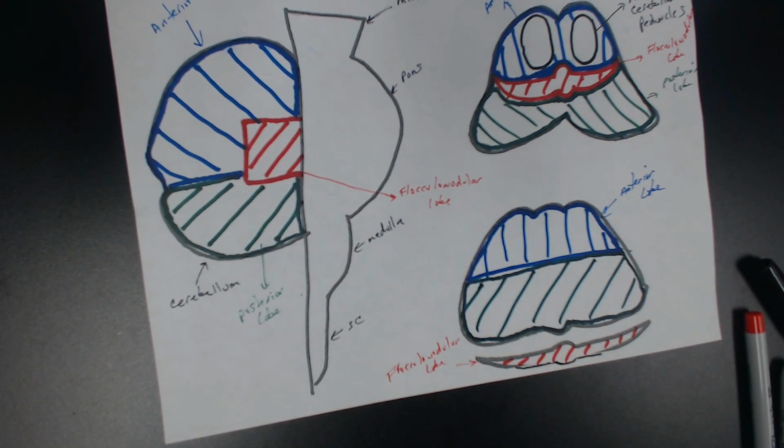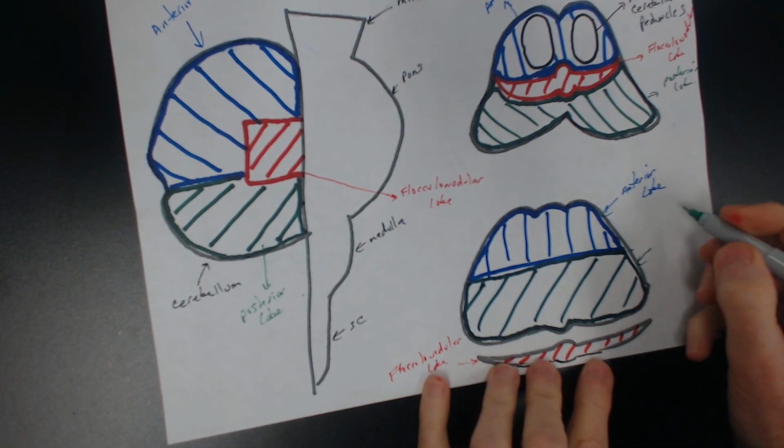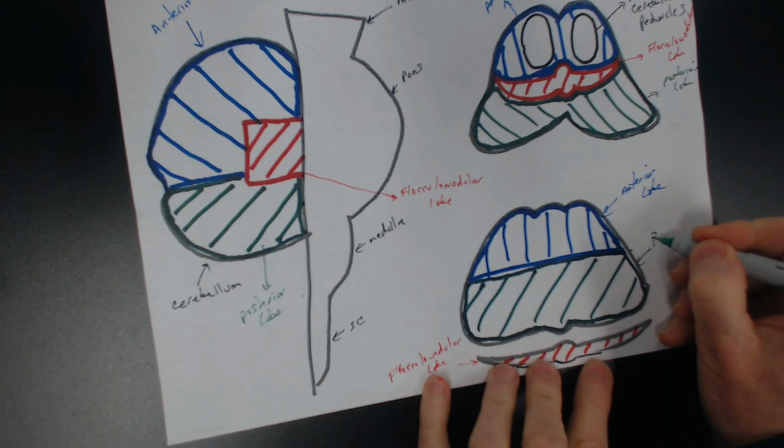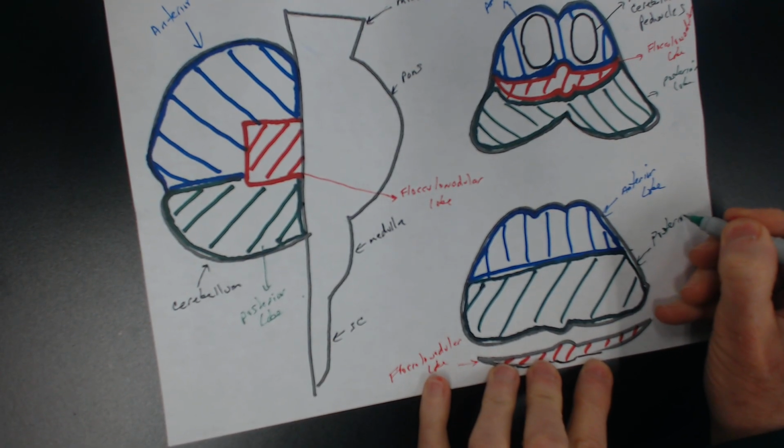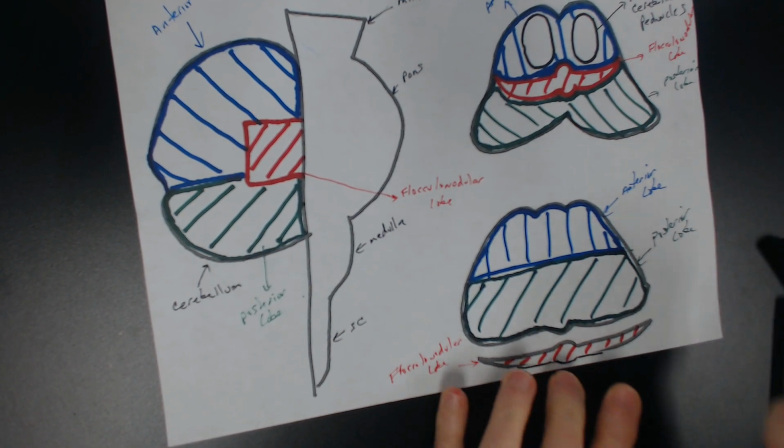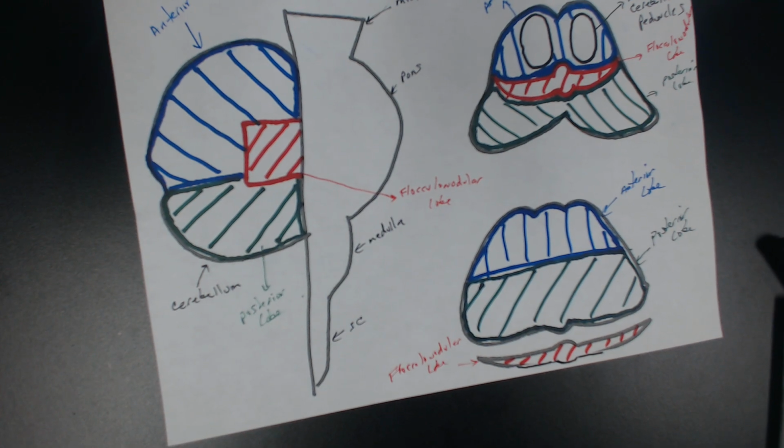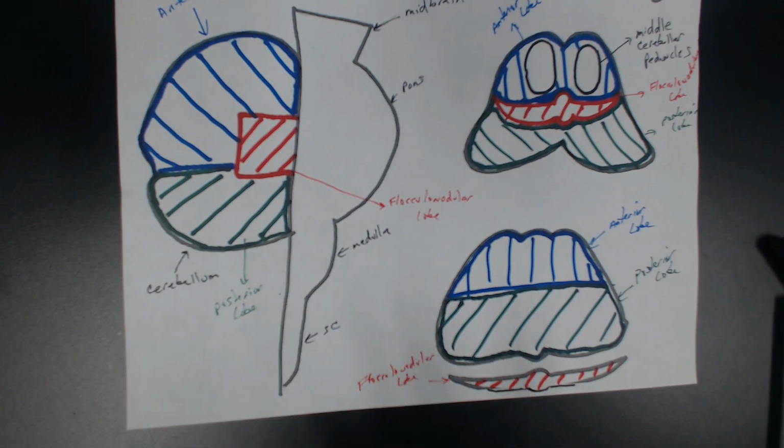So, nothing tricky. Three main lobes: anterior lobe on top, posterior lobe down the bottom, and tucked away in the middle is your flocculonodular lobe. Again, these are just basic names of these regions. If you had a cerebellum and were holding it in your hand, you could see these basic regions. These are what they're called.